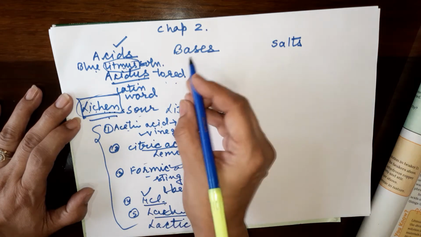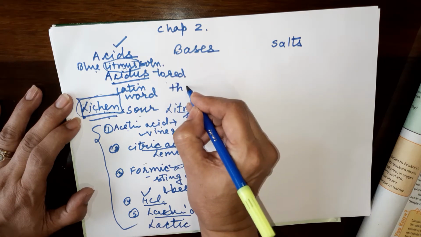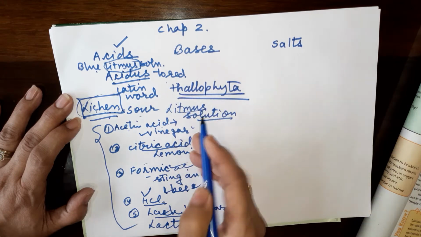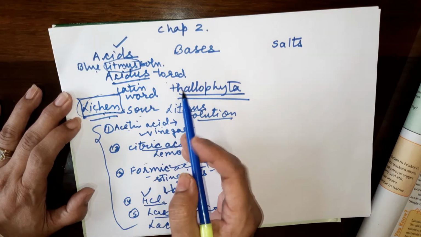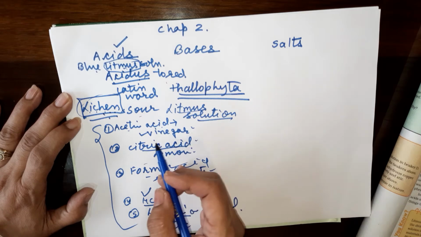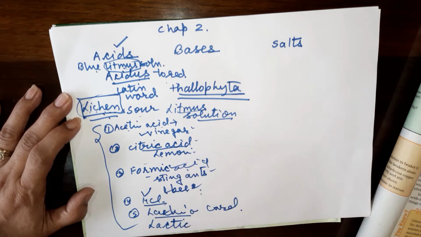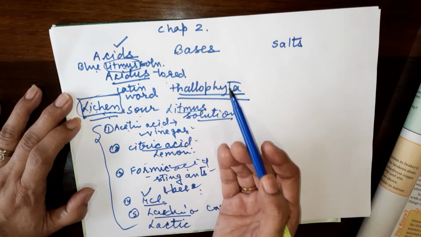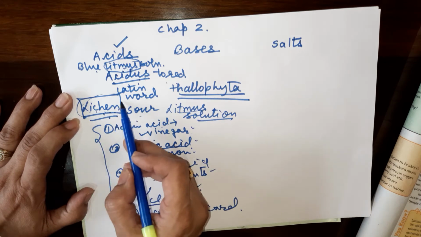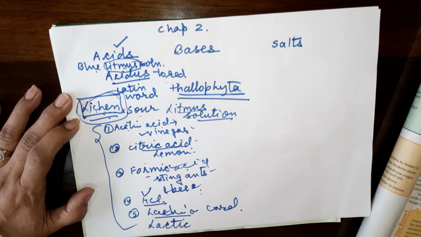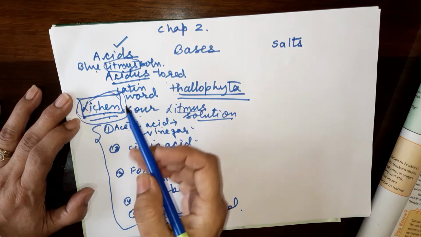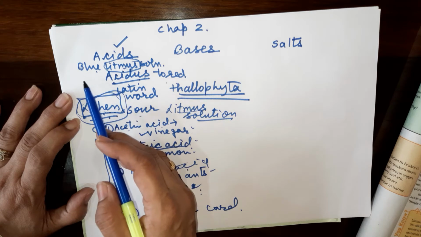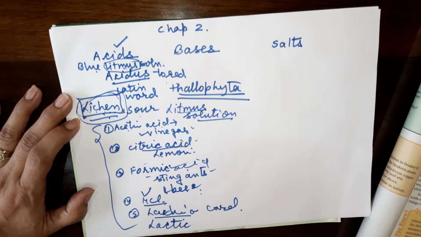This lichen belongs to the Thallophyta group, which you have done last year. From this lichen, litmus solution is obtained, and it is actually a red dye. Paper can also be prepared from lichen, that is called litmus paper. It has the property in which acids can convert blue litmus paper into red.